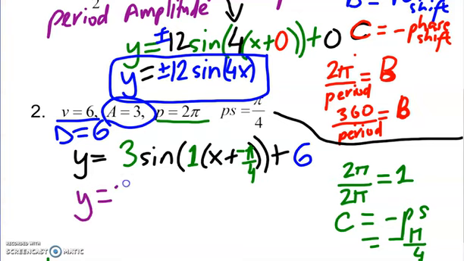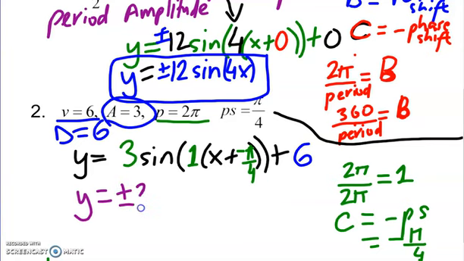So y is equal to 3, okay, so once again, just like in the very last problem, we don't know whether it's a sine curve that is going in a positive direction or it's a sine curve that's going down first. And so I'm going to write here plus or minus.